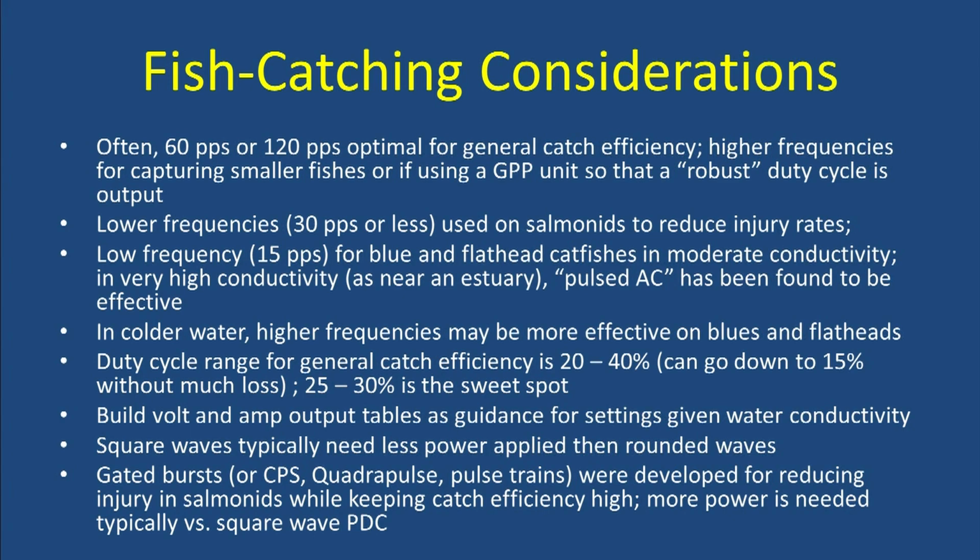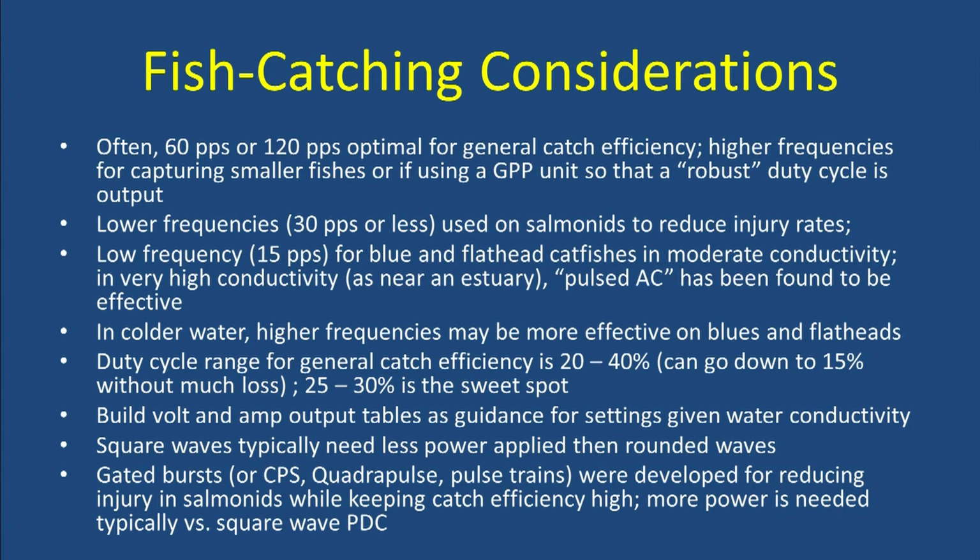Really low frequency, around 15 pulses per second, is used for blue and flathead catfish in moderate conductivity. But it's been found recently that in very high conductivity, over 1,000, like in Virginia rivers near the coast, pulsed DC has been found to be effective.